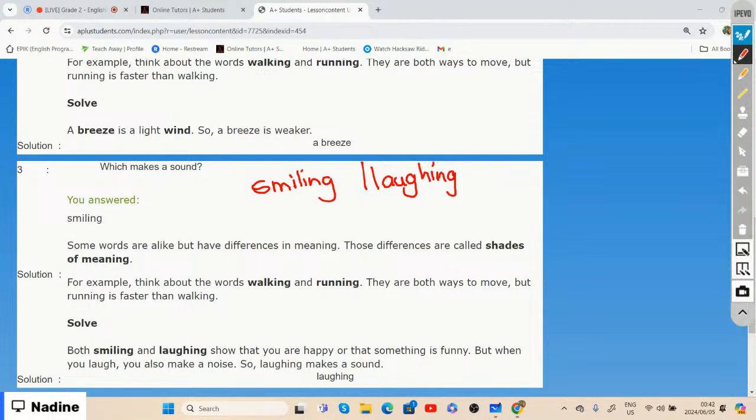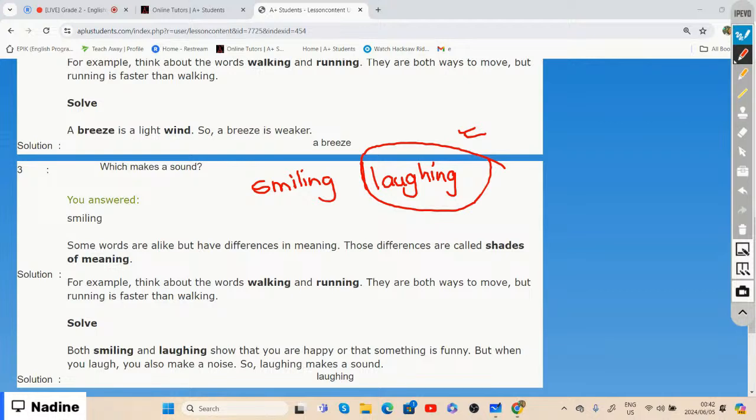All right, and if we were to identify the one that makes a sound, we would definitely say laughing makes a sound, right? Depending on how you laugh, even if you try not to have an outburst, it will still make a sound. Smiling is basically just the movement of the face, to show that you are happy, or some form of acknowledgement.